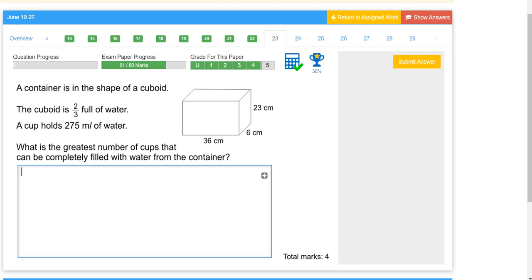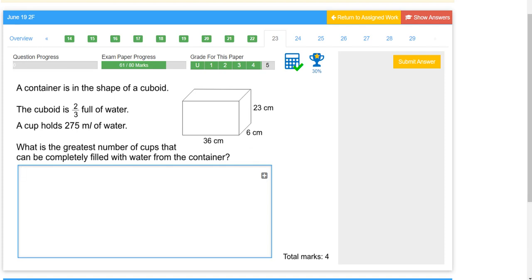And we have one here on the shape of a cuboid. And this is a worded question. It's a geometry thing. It's using the fact that milliliters of water, and it talks about centimeters, and it's good to know that 1 cubic centimeter is the same as 1 milliliter.